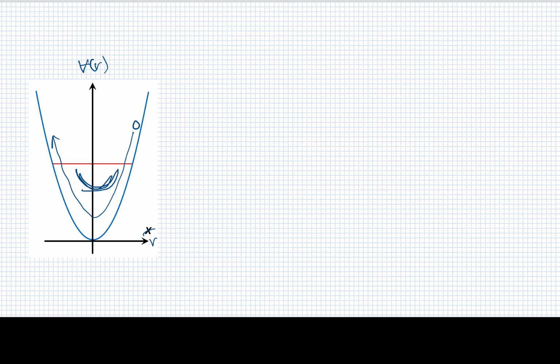Now at a particular energy E, we find that there are specific points at which this oscillator reverses course. So if this was the energy of the oscillator, these would be the points at which it turns back and goes the other way. Well, we call these the turning points, and they are simply given by the places where the total energy is equal to the potential energy, and we solve for r.